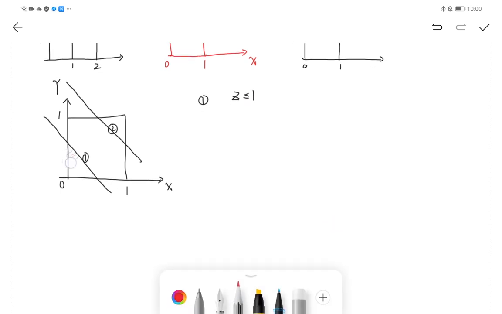We must calculate this part. F_Z equals, this point is z, (z, 0).